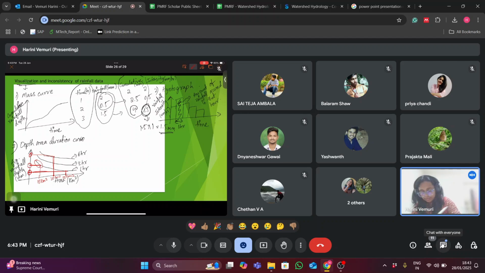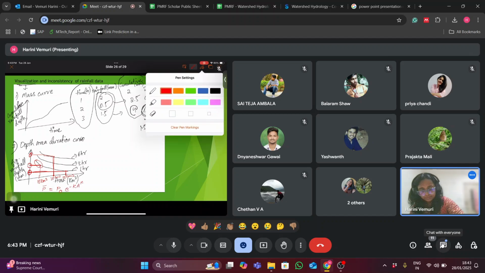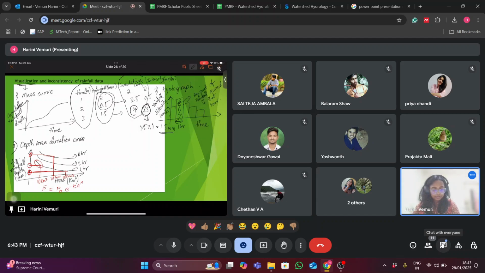So generally for these curves, we have a relationship defined as P bar equals P naught into e power minus k into A power n. Okay. Here k and n are constants, and P naught is the highest rainfall amount in the storm center.